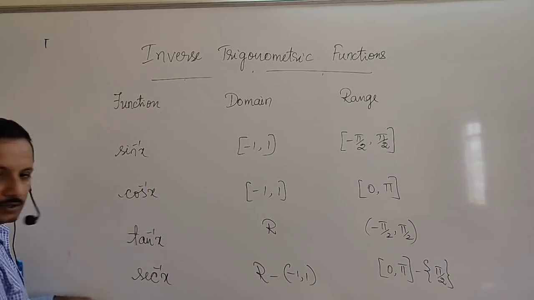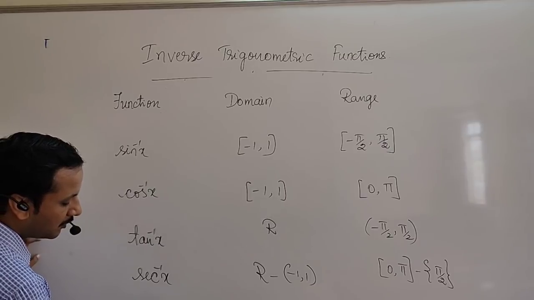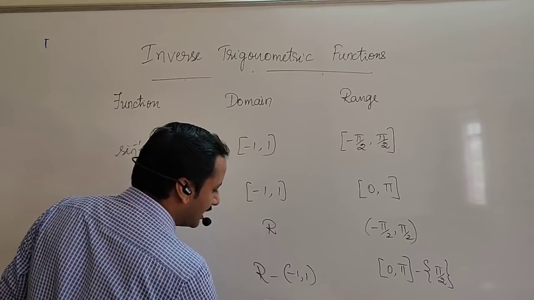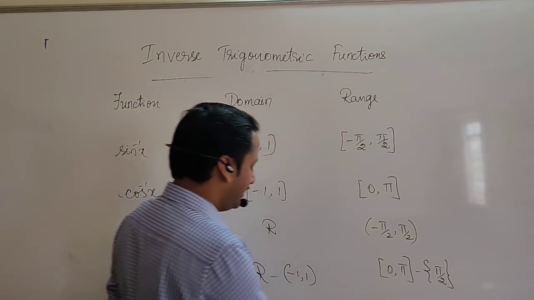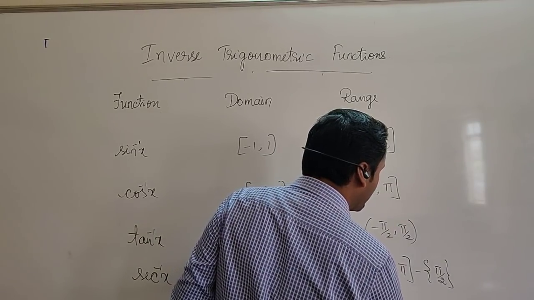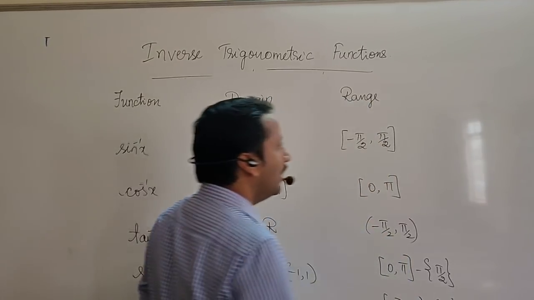Then for cosecant inverse x, the domain is set of all reals except -1 to 1, and the range is closed interval -pi by 2 to pi by 2 except 0. Okay.